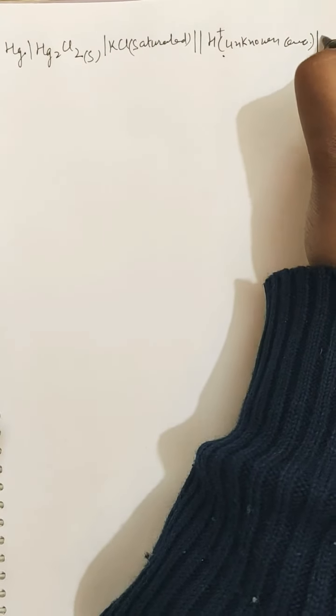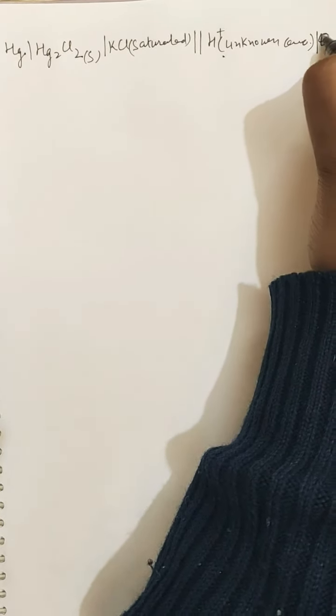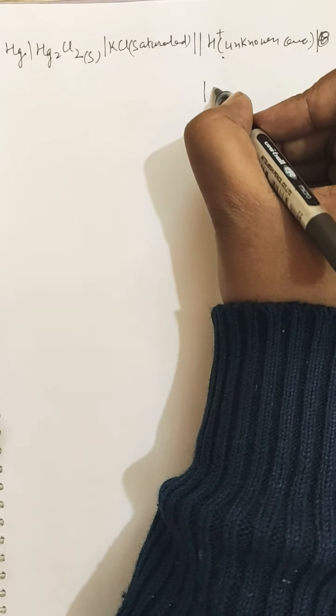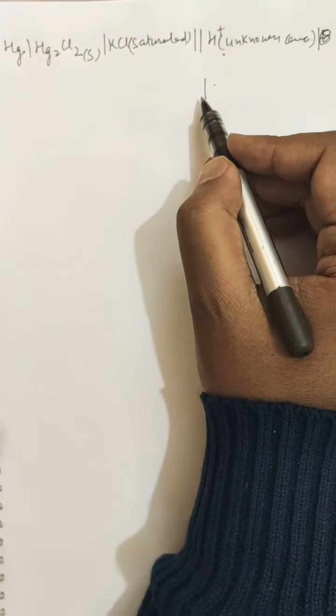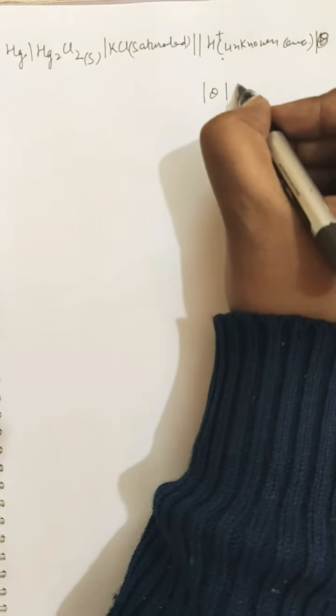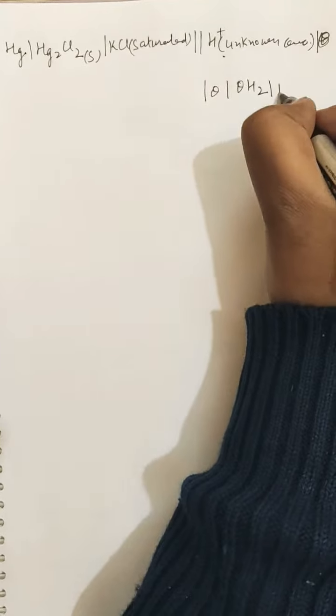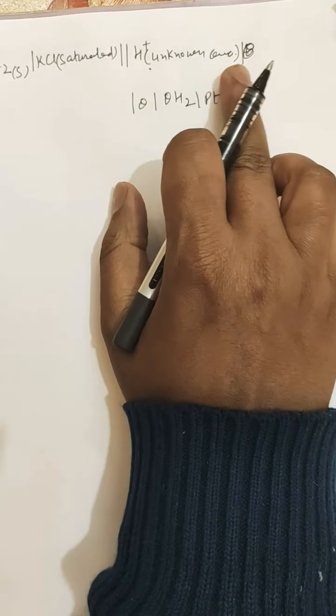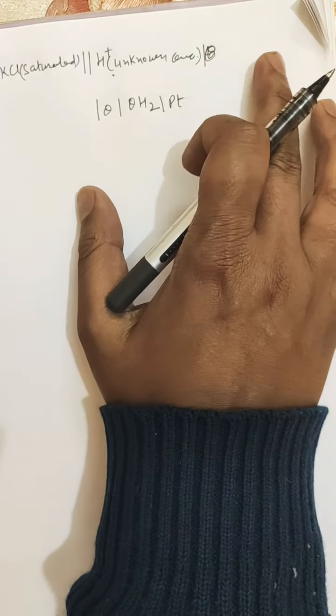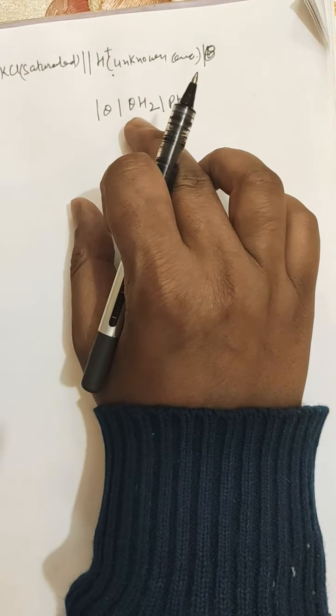Let me tell you why we wrote the unknown concentration here. Further it will be Q and QH2, that is hydroquinone, and then platinum, which will be written here in continuity, but due to shortage of space I am writing it here.